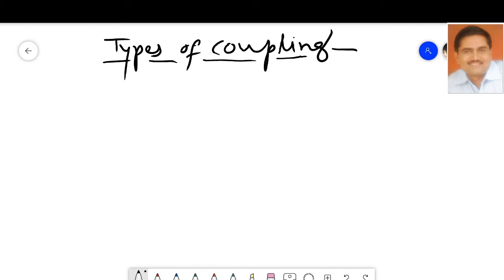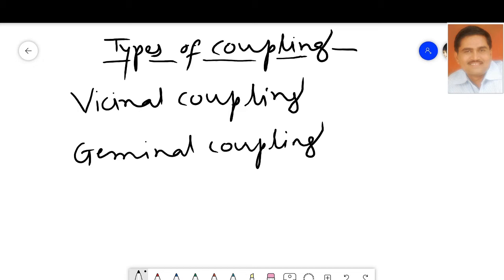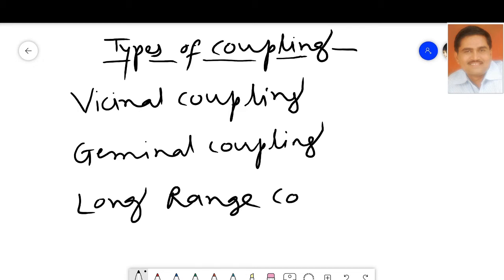Now there are three types of coupling: vicinal coupling, geminal coupling and long range coupling. Now we take examples one by one.